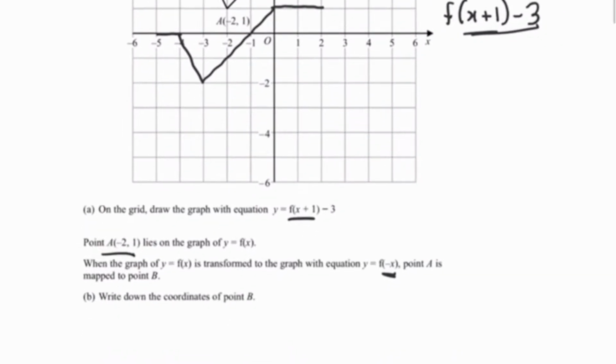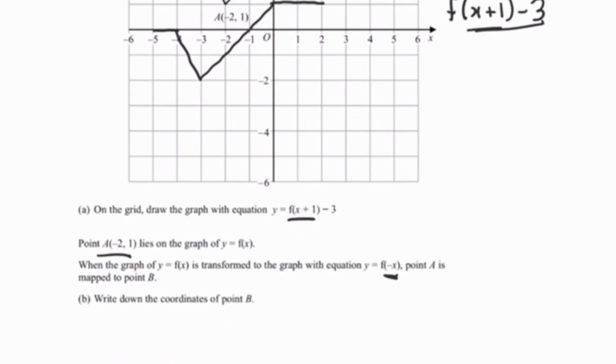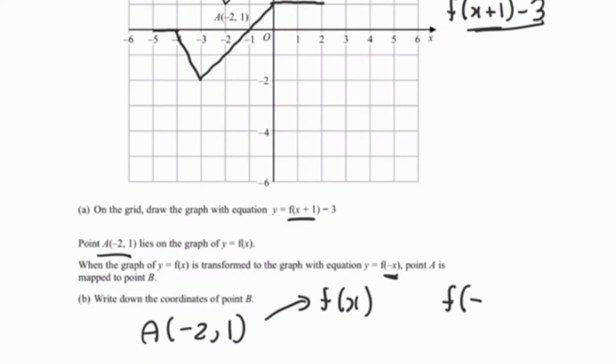So what we do for this is just look at, so I'll just explain. Here we have A (-2, 1), so this is the coordinates of A. And we're told A is on f(x). And we're told what happens to A when we do f(-x). Well, notice the difference between these two is we're just putting a minus in front of the x.